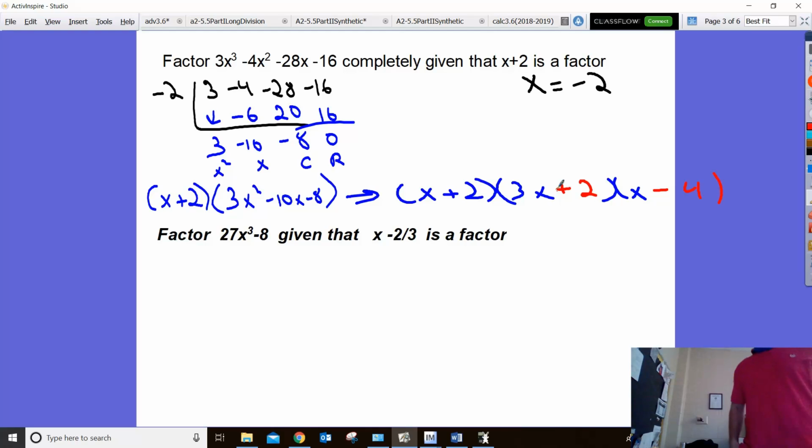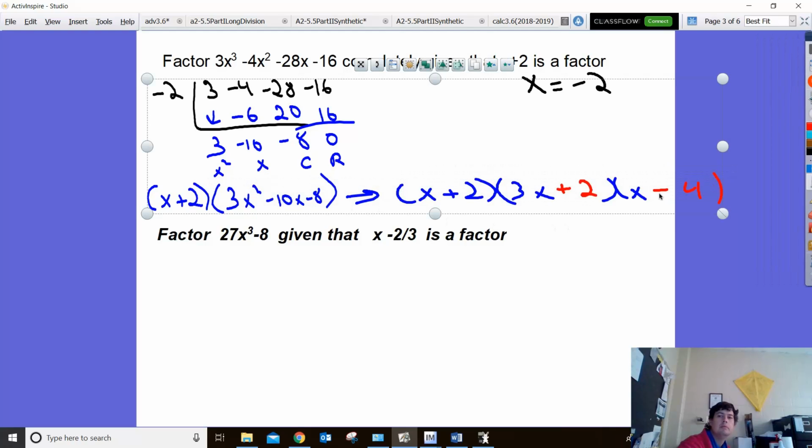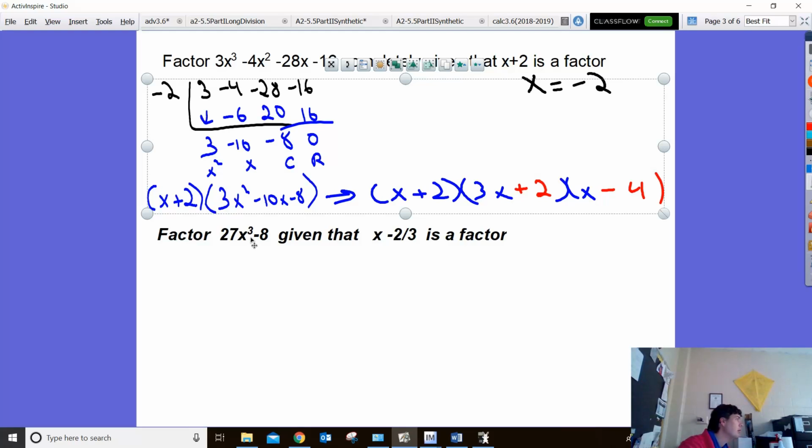Kendall had a question earlier about placeholders. Well, Kendall, do you think you need placeholders? Of course you do. This thing jumps from x cubed to negative 8. What's missing? X squared and what else?